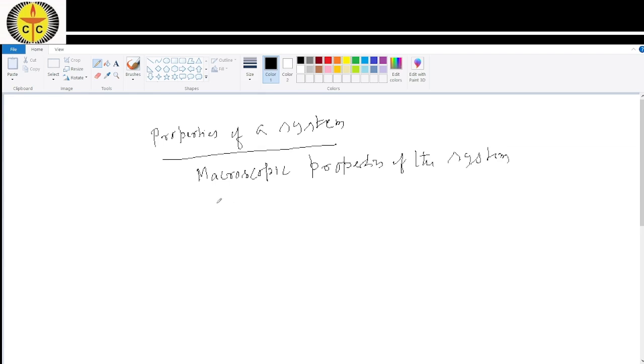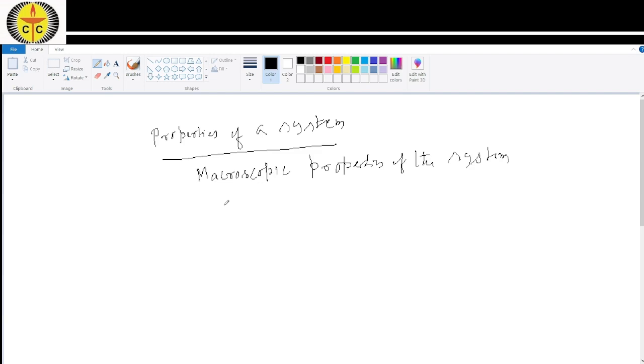It means the matter is composed of particles. So the properties relate to the combined effect of the particles of the matter as a whole. So this is called macroscopic property.